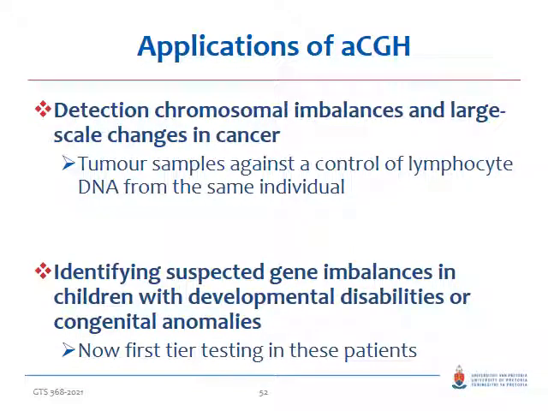It can therefore also detect chromosomal imbalance in cancer for these large-scale changes, and in this case, the tumor sample is usually compared with the DNA from the same individual. It's also very commonly used to look for suspected gene imbalances in children with developmental delay and congenital abnormalities. I use it very often in my practice, and it's now the first tier test in these patients.